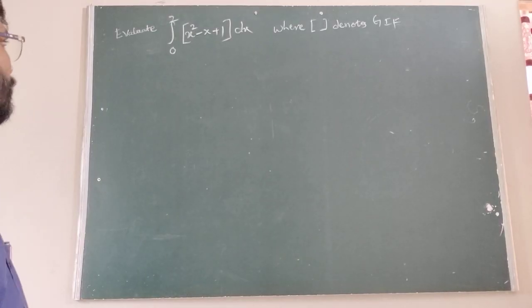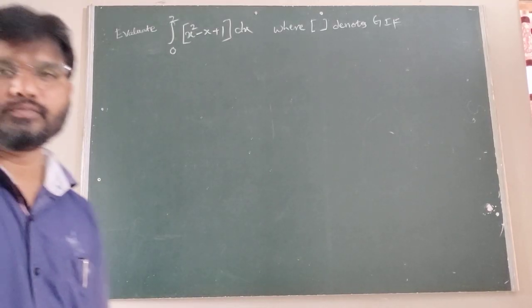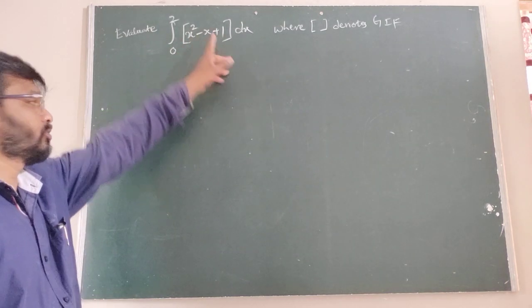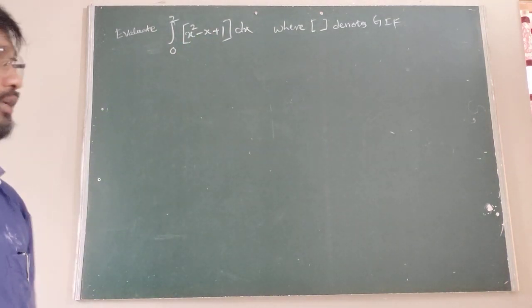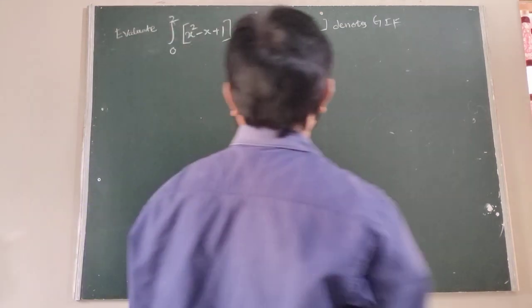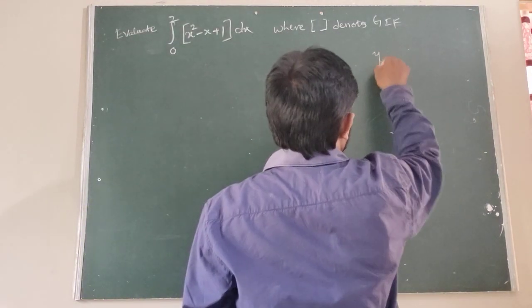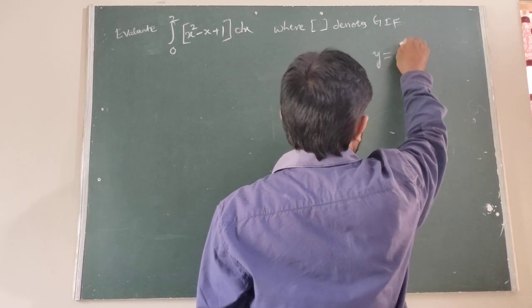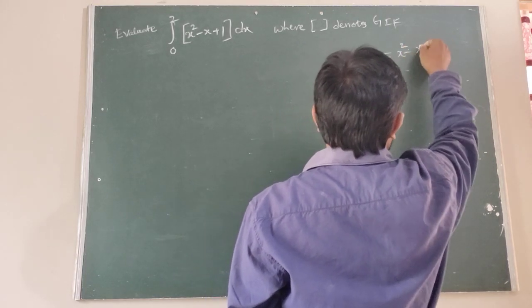Now evaluate the integral from 0 to 2 of the step of x square minus x plus 1 dx. All of you listen here. First we observe the given integrand, x square minus x plus 1.